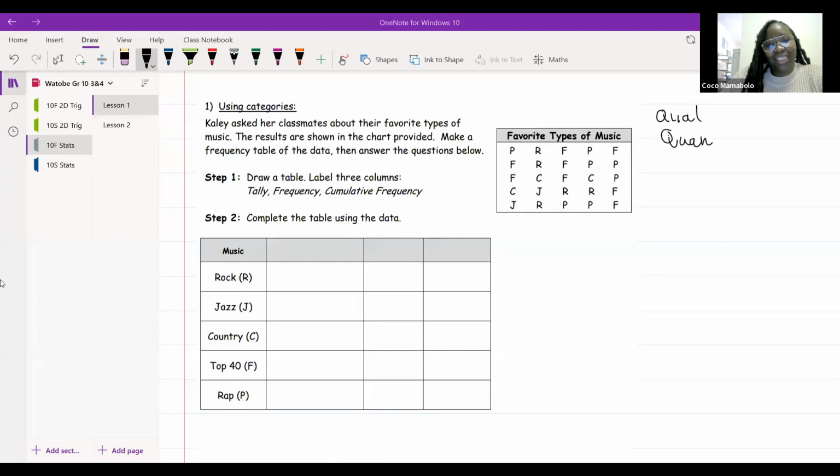Hi, Miss. Sorry, I just wanted to ask, are you going to be doing the Cartesian plane? Because currently we're working on the Cartesian plane and with functions and relationships. Okay, my sweetie, we've already done that. At Watobe, we follow the annual teaching plan that we're given by the government.